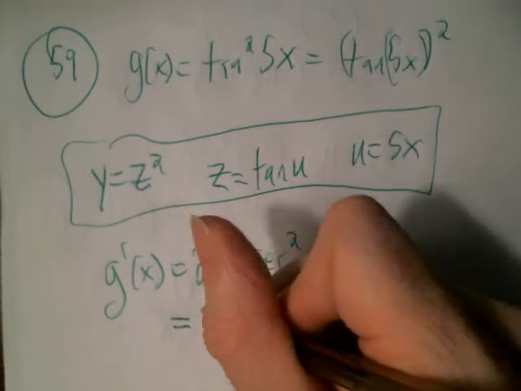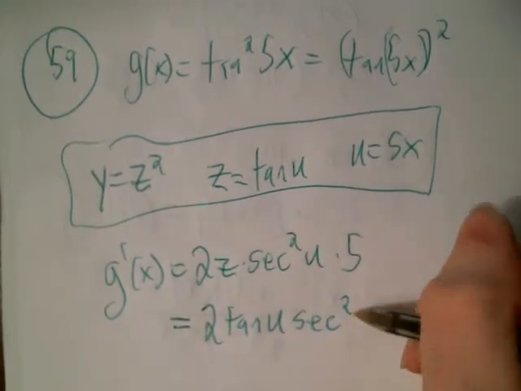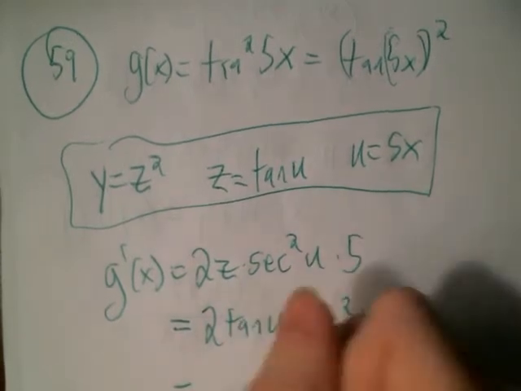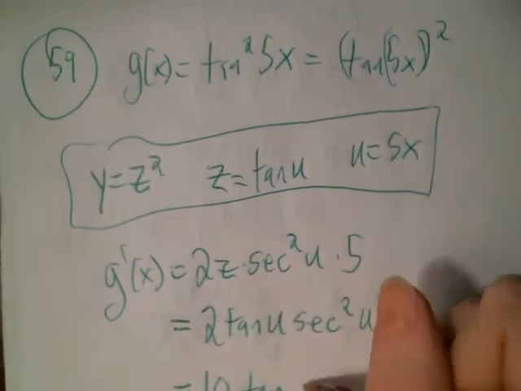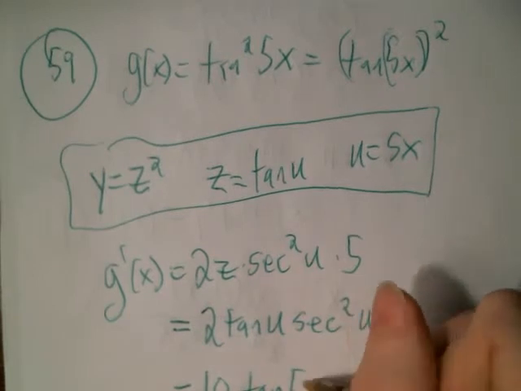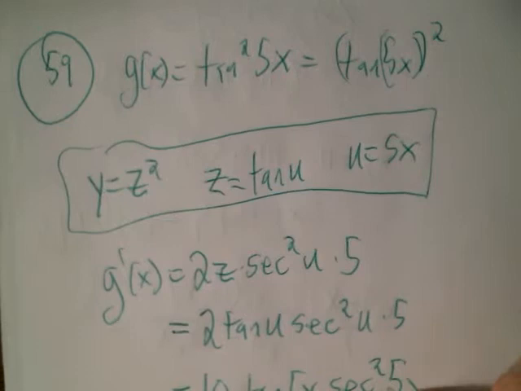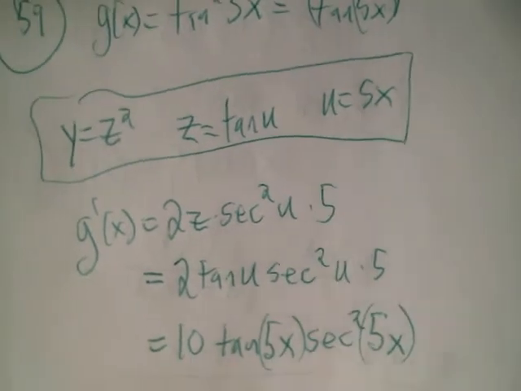Back substituting, I get 2 tan u times secant squared of u times 5. 5 times 2 is 10, so I have tan, back substitute for u, that's 5x, and then secant squared of u, and u is 5x. Okay, so they can get pretty nasty. Oops, ran off the page there.